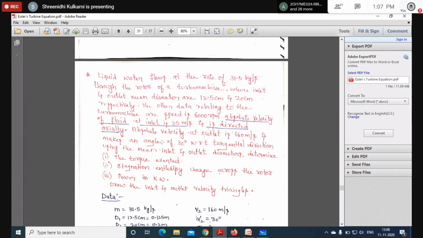Continue. The absolute velocity at outlet is 160 meter per second and makes an angle of 30 degree with respect to the tangential direction.